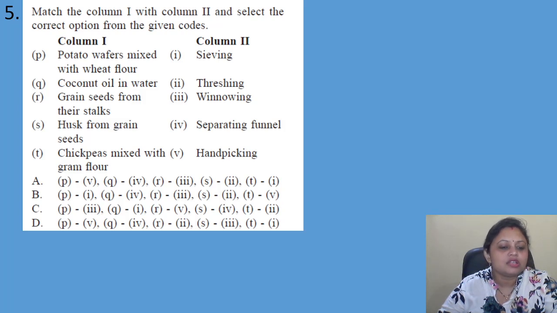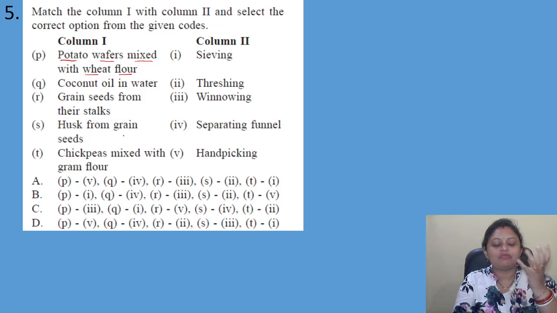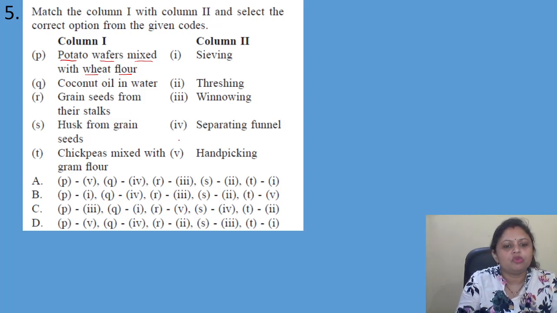Okay. So here, potato, first option B, potato wafers mixed with wheat flour. Okay. So potato wafers, when it is mixed with wheat flour, we can simply use the technique that is hand picking. Just hand से हम pick करके potato wafer को निकाल सकते हैं wheat flour से.